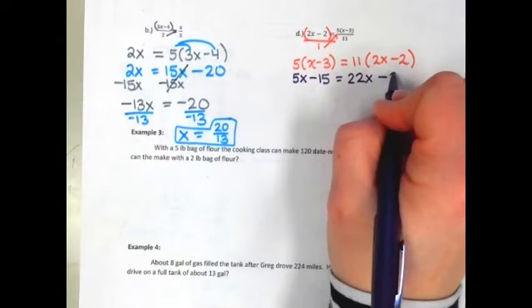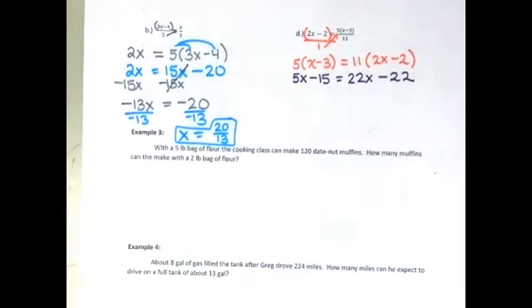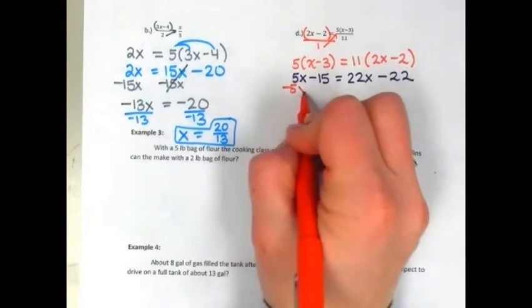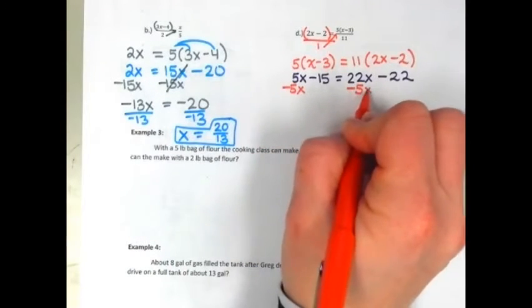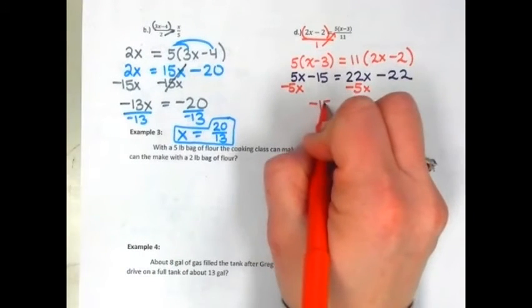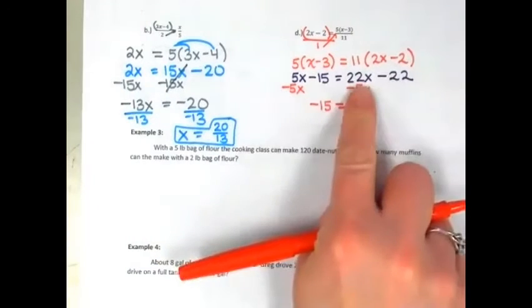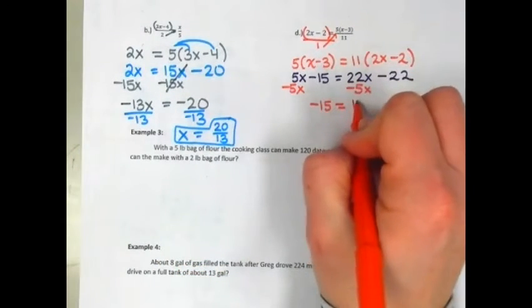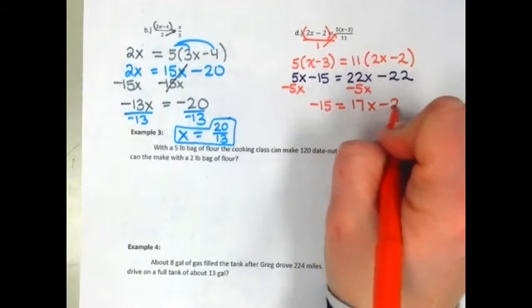Okay. All right, now, do you want to move the 22x or the 5x? The 5x, and how would I move a 5x over? Now, would it matter which one you move? No. So we have negative 15 equals 22x minus 5x, that's 17x minus 22.